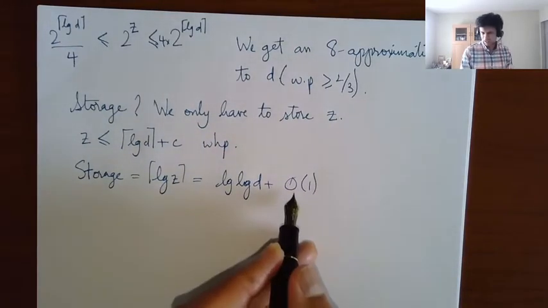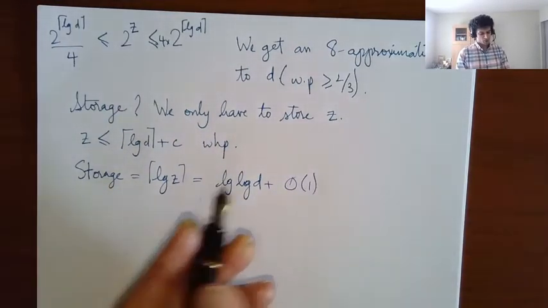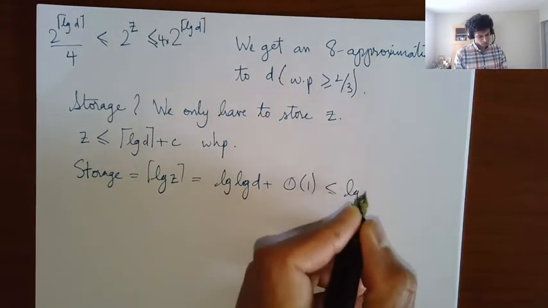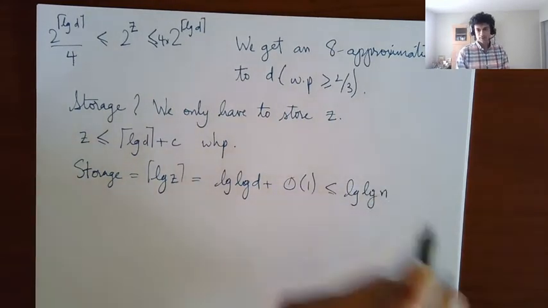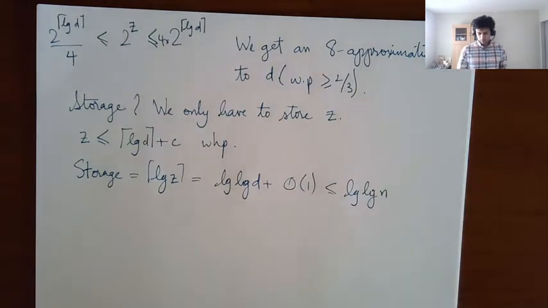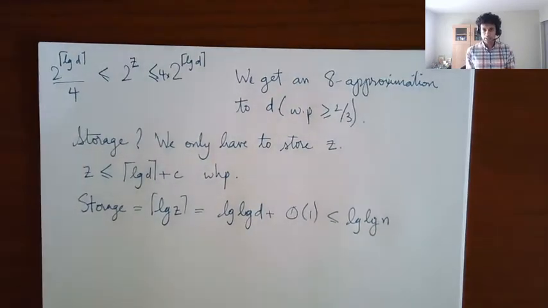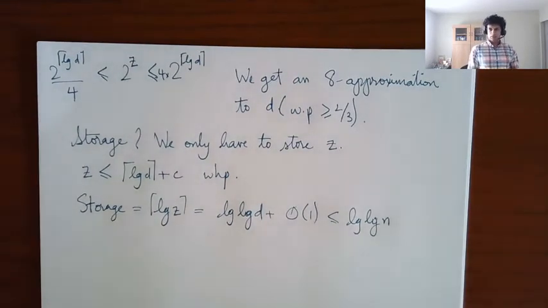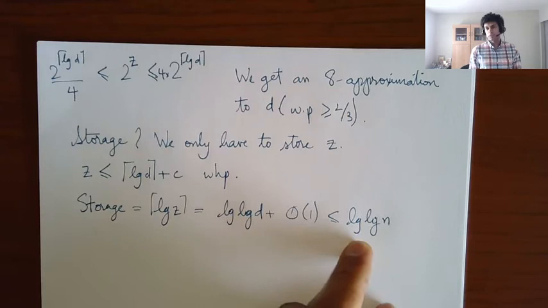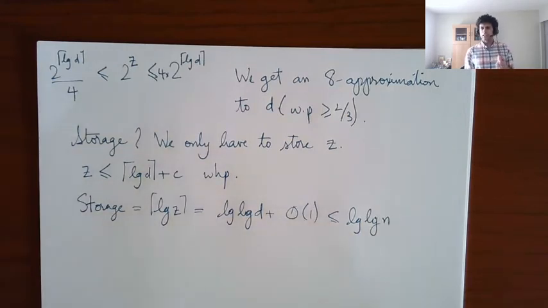And this constant is tiny. So typically you can just think of this as really going to be at most log log n. So it's just quite remarkable. Now you might say, well, it's an 8 approximation. That's not great. But it's just log log n bits. Right? It's a tiny sketch.